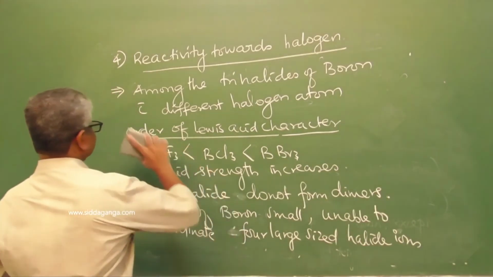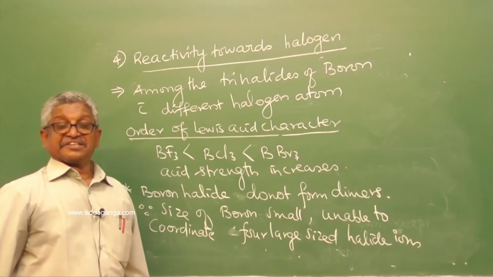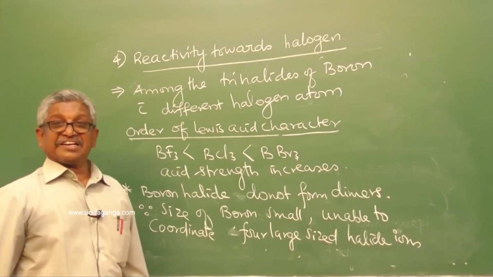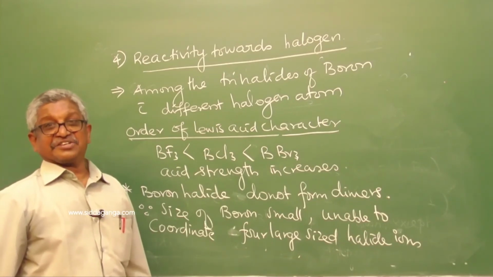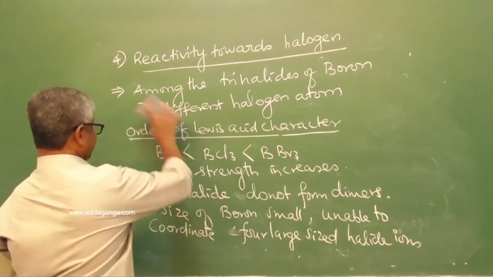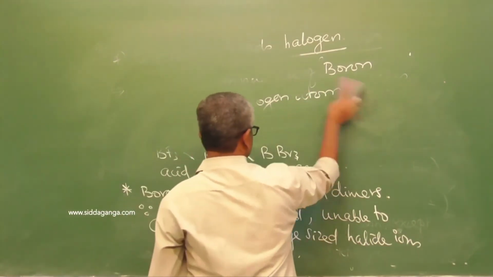Now, the chemical properties we have seen: reactivity with air, acid, alkali, oxides and hydroxides of 13th group elements. Next it is about boron.